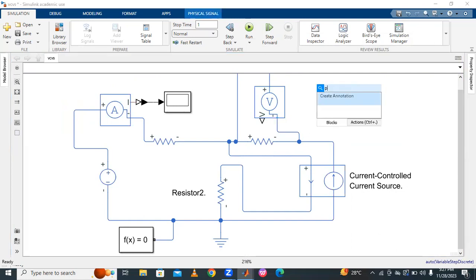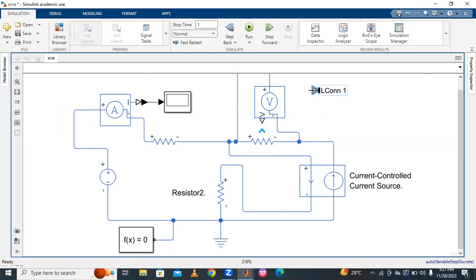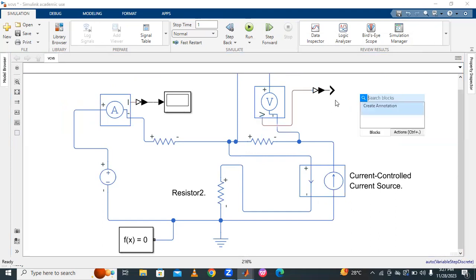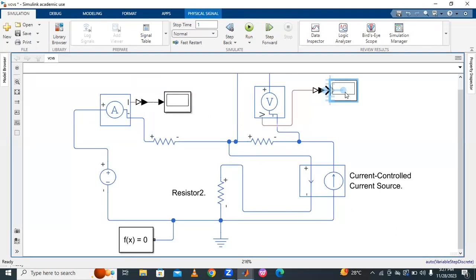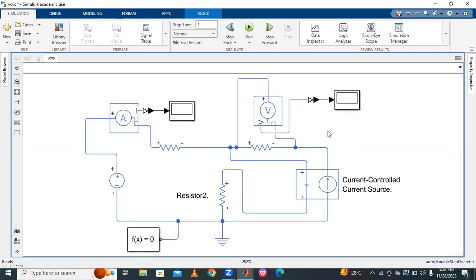Take one PS-Simulink converter and connect it here to measure the voltage, and take one display and place it like this. All the elements are connected. This is the current flowing into this element and this is the voltage across it. Then next, simulate.